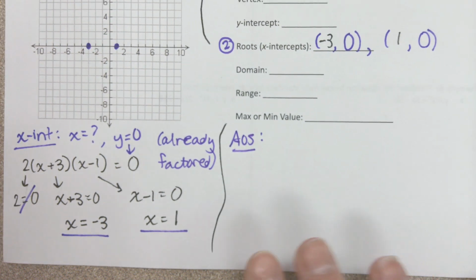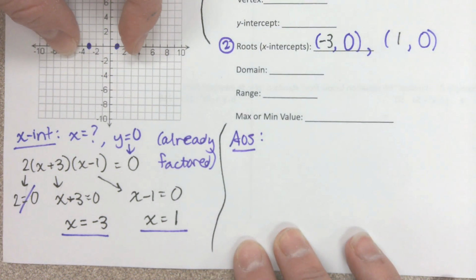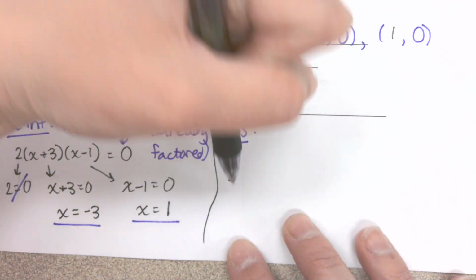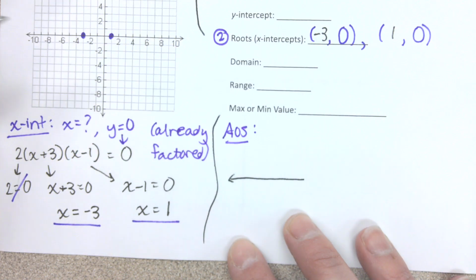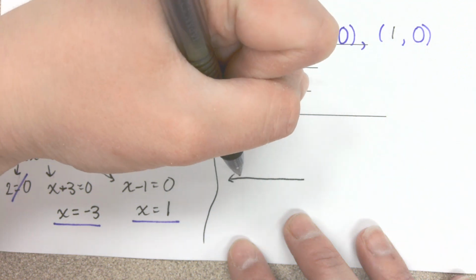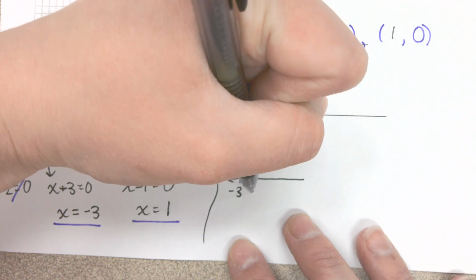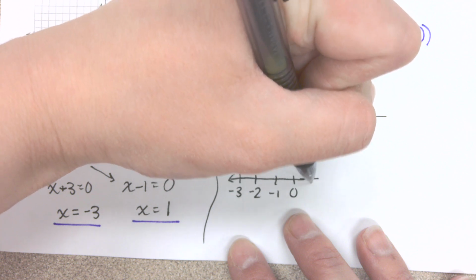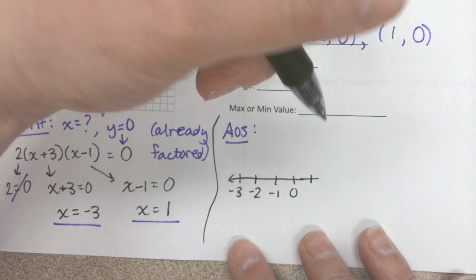What I'm going to draw is this portion of the number line from the left point to the right point. So the left point is sitting on -3. Then we have -2, -1, 0, and my right point is sitting on 1.